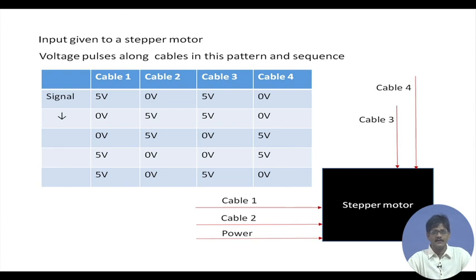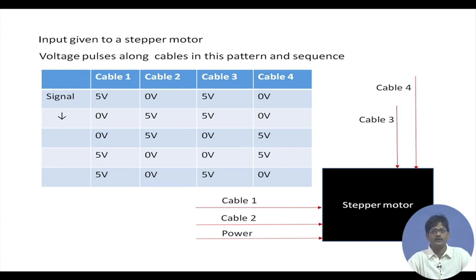We will notice that in this particular pattern, one thing which always remains constant is that cable 2 is always containing the complementary function of cable 1. If cable 1 is 5 volts, cable 2 is 0 volts.